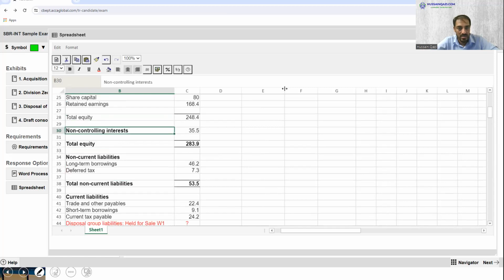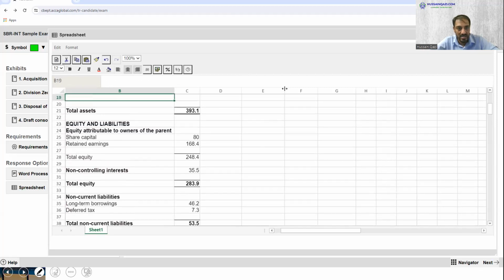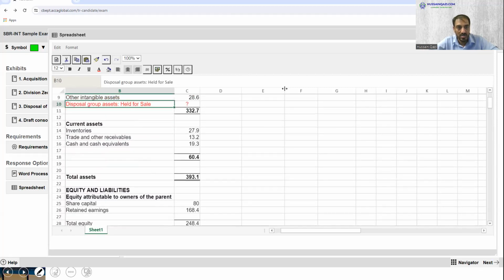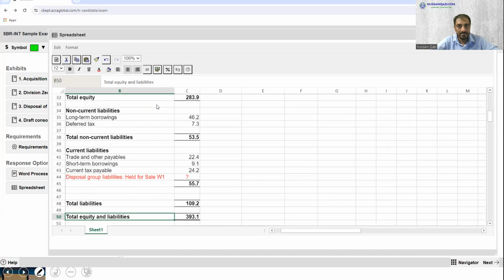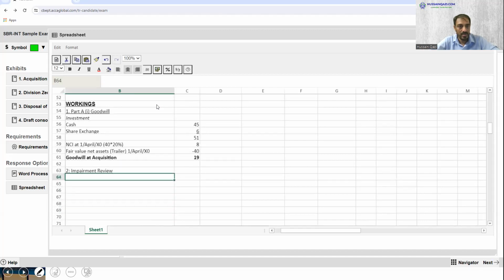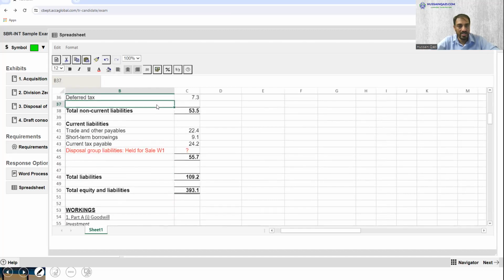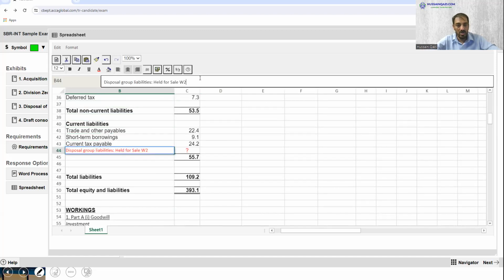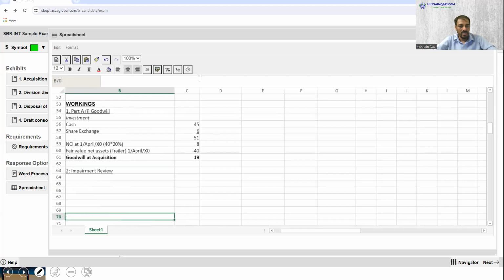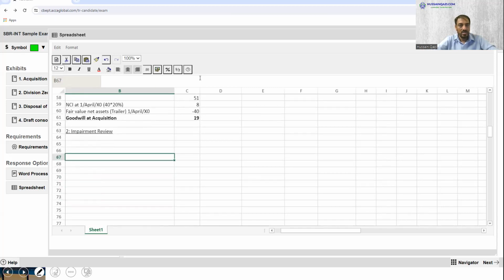I'm sorry, we have to label the working number 2. Okay, let's start. Working number 2. Impairment review. So how to work out the impairment review?